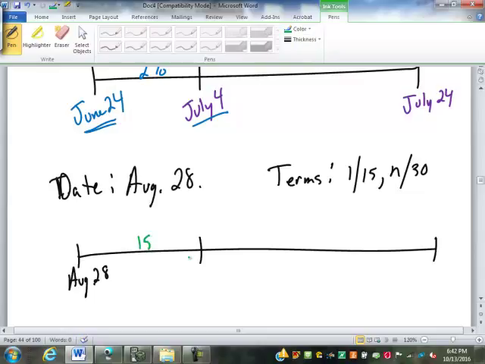This is going to be 15 days now in our discount period, and it's only a 1% discount. So if you look up August 28th, what day is that? 240. So then plus 15, this would be day 255. Plus 30, this would be day 270 over here.